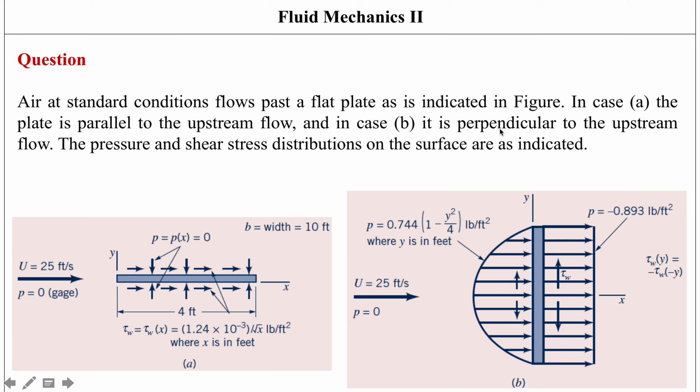And then the second is that it is perpendicular to the upstream flow. So for this, theta would be equal to 0. And you have to find out the lift and the drag on the plate by using the equations that we just saw. So I'm just going to leave this up to you, and I'm going to move on to trying to assess how we can find out lift and drag for any object.